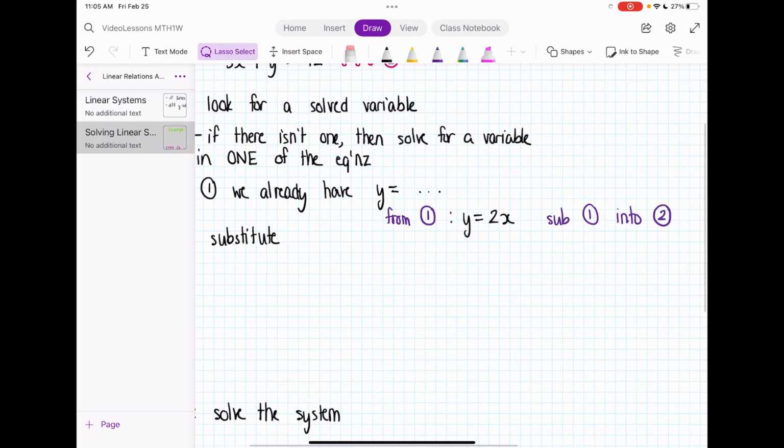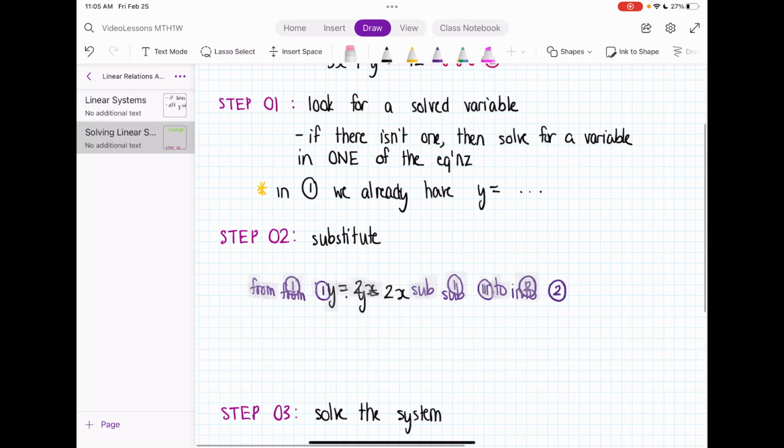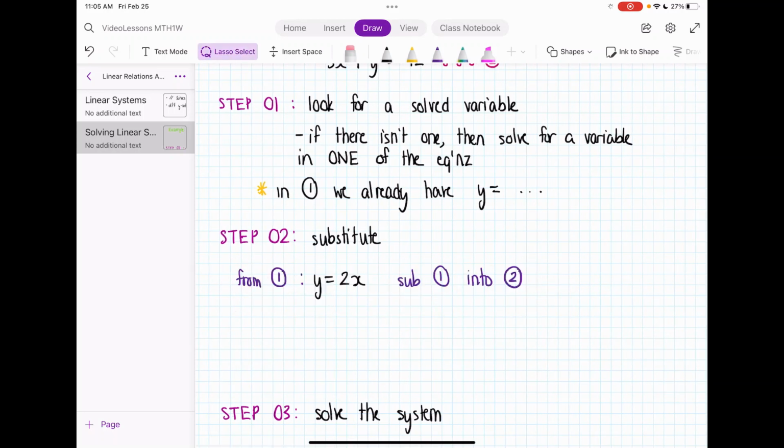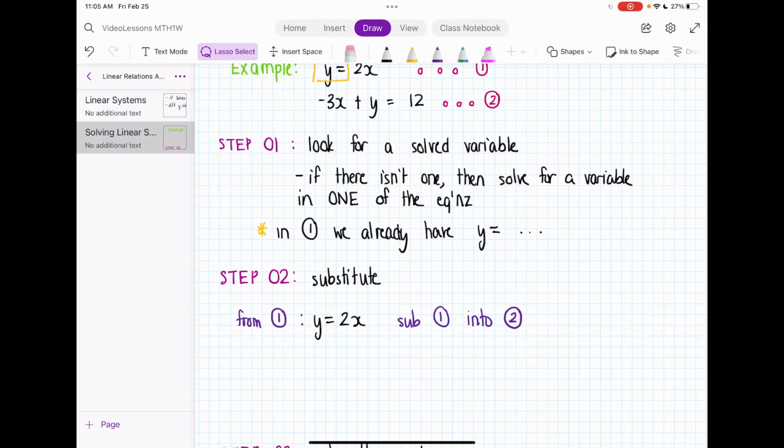So we now can do our substitution. What that means is in equation 2, wherever I see y, I now have to substitute 2x because that's what our substitution is.